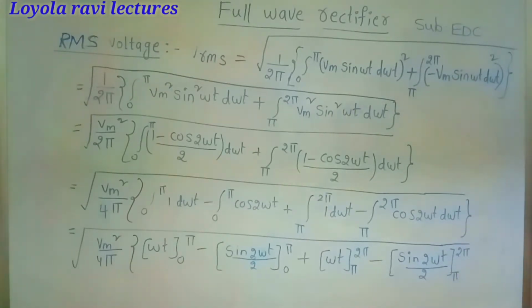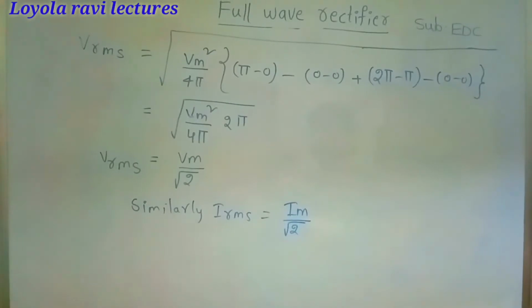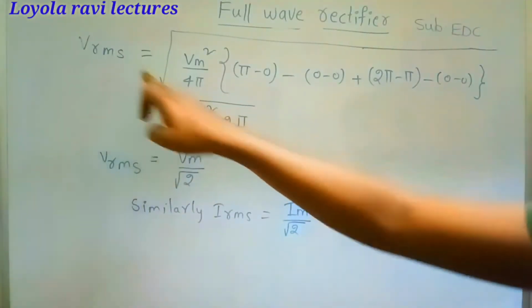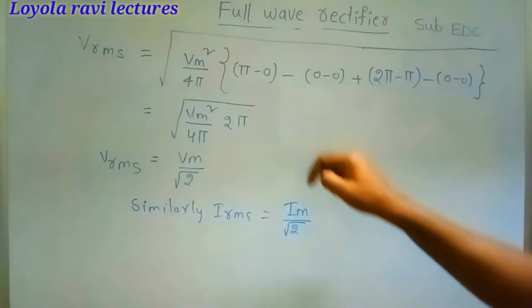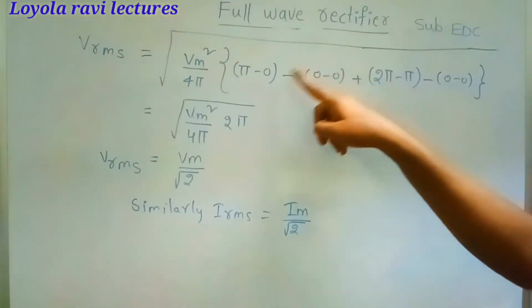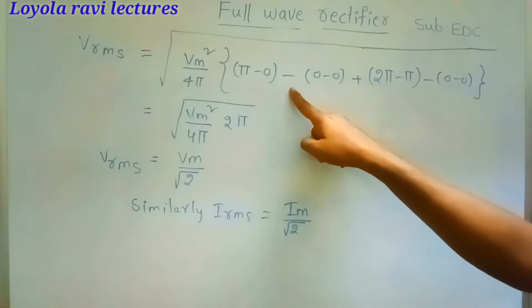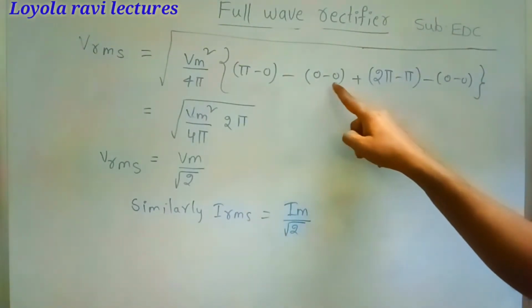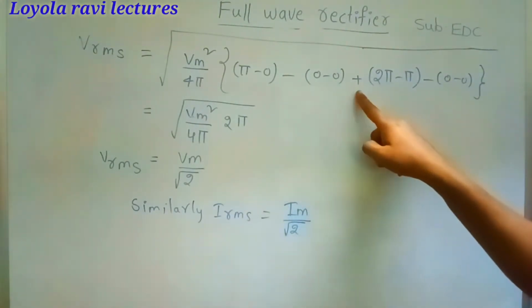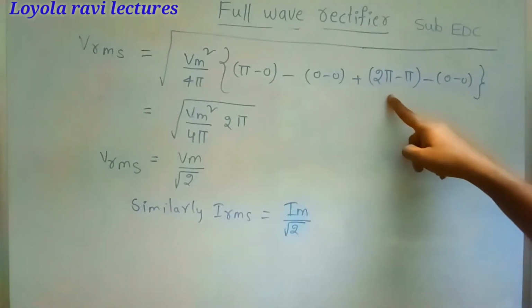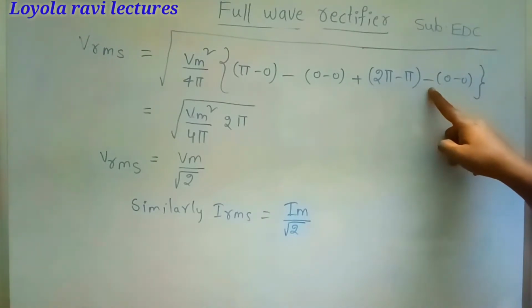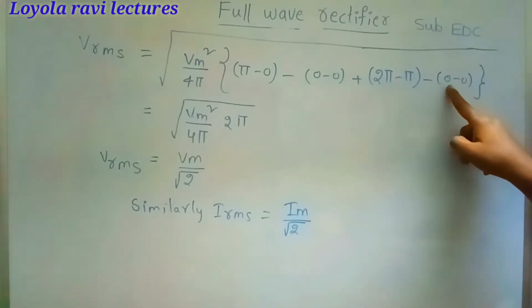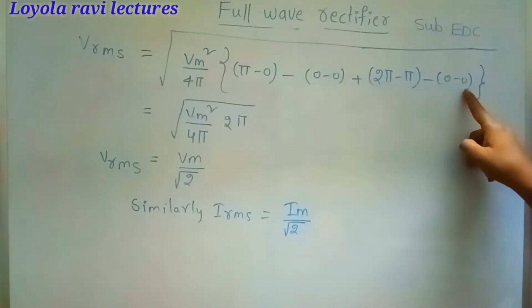Then we can simplify this, so you'll get the VRMS value. VRMS is equal to square root of Vm square by 4 pi. If you apply the limits, omega t from 0 to pi gives pi minus 0, minus sin pi is 0, sin 0 is 0, so 0 minus 0. Plus again omega t from pi to 2 pi gives 2 pi minus pi, minus, again sin 2 pi is 0 and sin pi is also 0, so 0 minus 0.